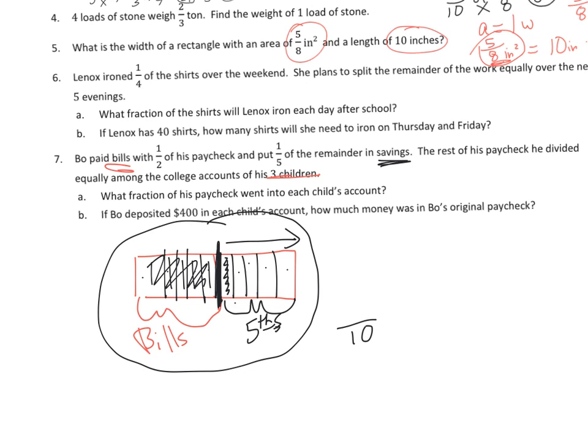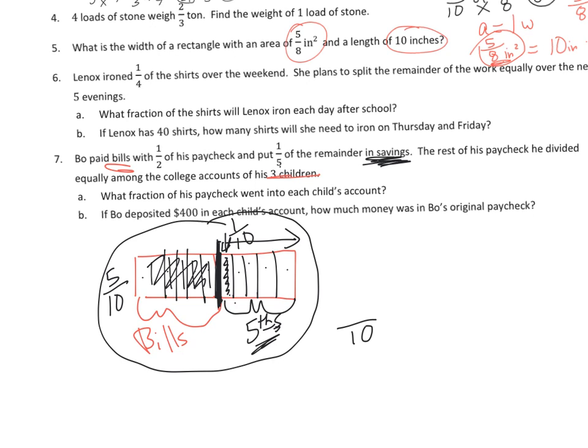So I'm working with tenths because I broke this second half into fifths, so I got to break this first half into fifths. So I'm looking at tenths. So the bills was half or 5/10. The amount that he put into savings was 1/5 of the remainder, but that's actually 1/10 of the whole amount.